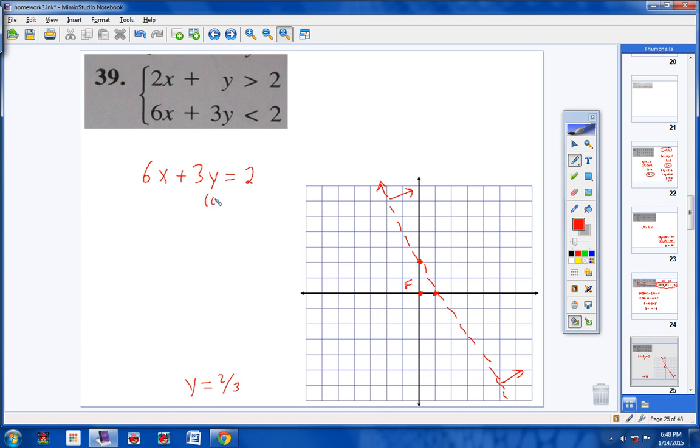So where the y is, we'll put a 0. 3 times 0 is 0. So 6x plus 0 is 6x equals 2 divided by 6. And we get 1/3. So we have a point here. An x-intercept of 1/3, so right there. And then a y-intercept of 2/3, which is right there. Okay, so here we go.